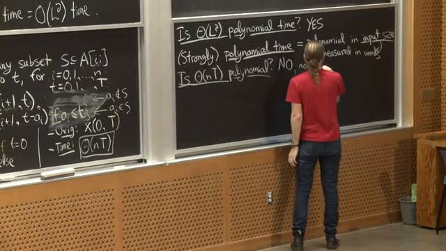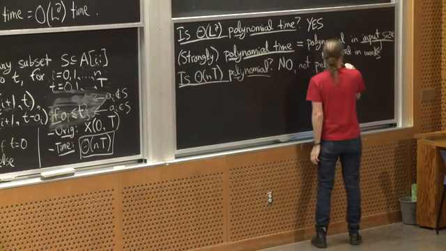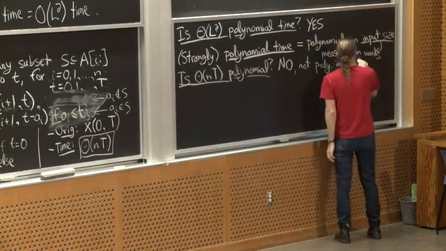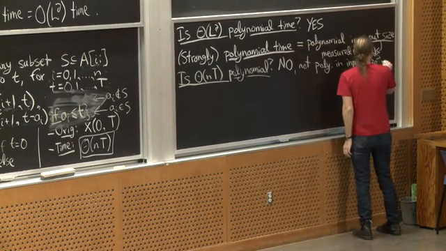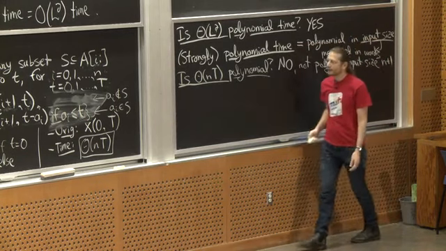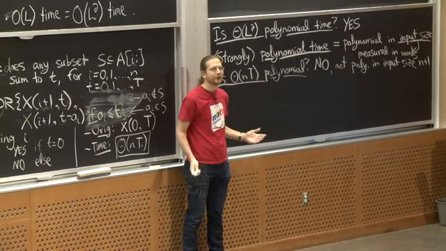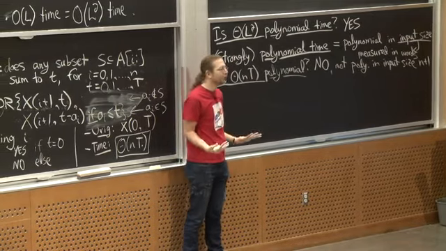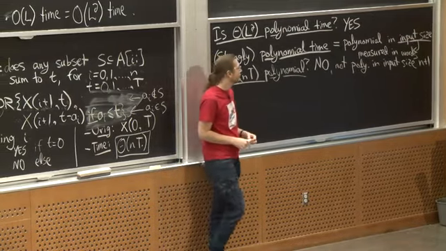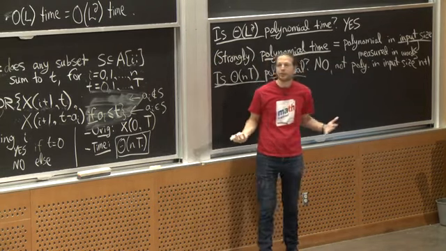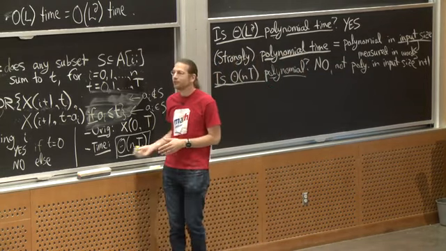Not polynomial in input size n plus 1. You cannot write that n times capital T is less than or equal to n plus 1 to the 27th power, because you just don't know how n and t relate. Maybe t is at most n, then we're happy, but maybe it's not. Maybe t is 2 to the n.